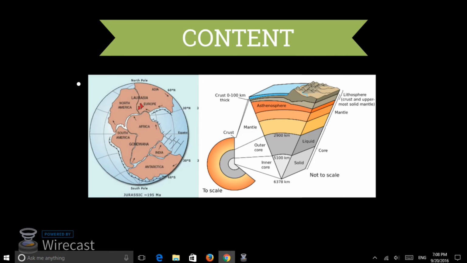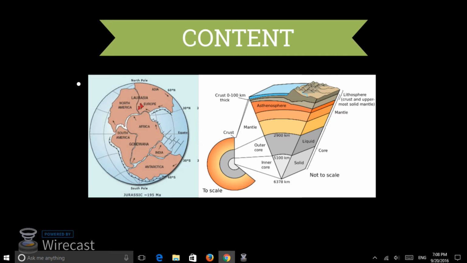Like they might have a glacier and its marks are on an entirely different continent, and then he'd know that they were probably together at one point. So the plate tectonics theory states that originally all of the continents were one large supercontinent called Pangaea, as depicted on the picture on the left. And Pangaea, over many periods of time, eventually broke up into the continents that we know of now.